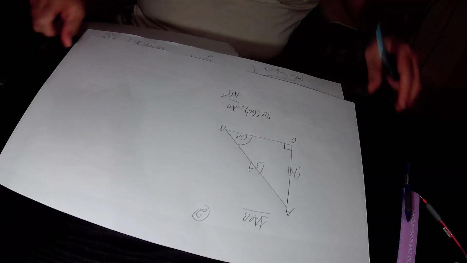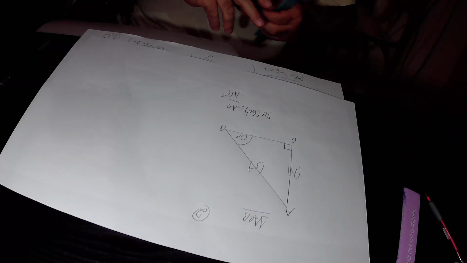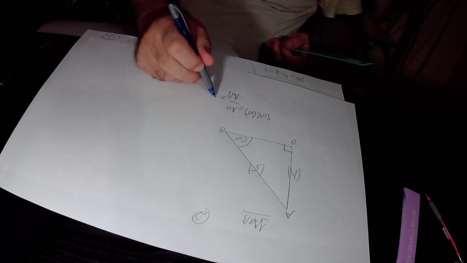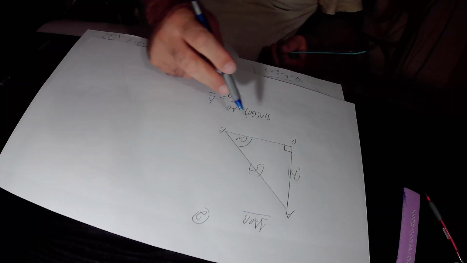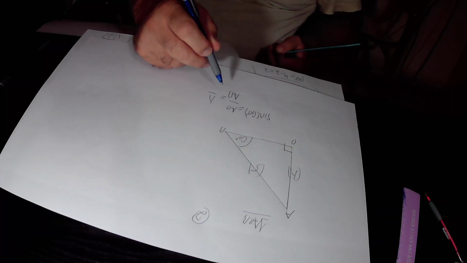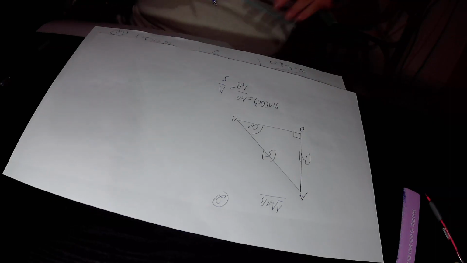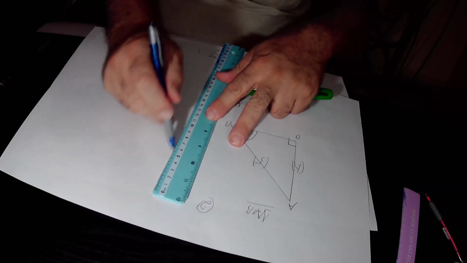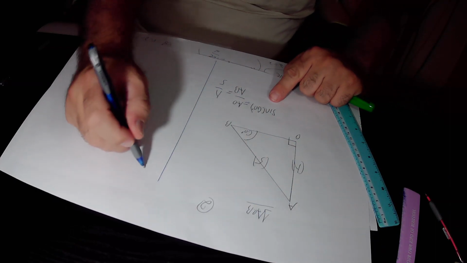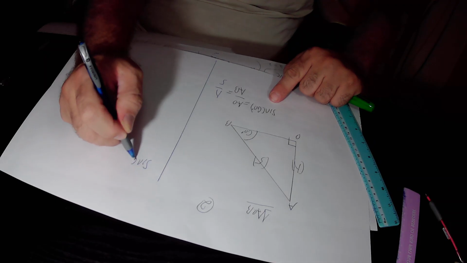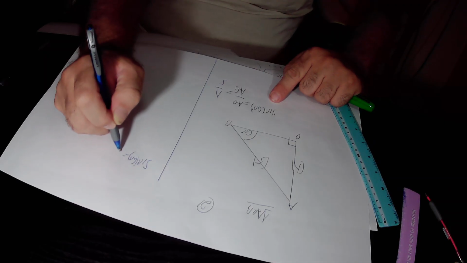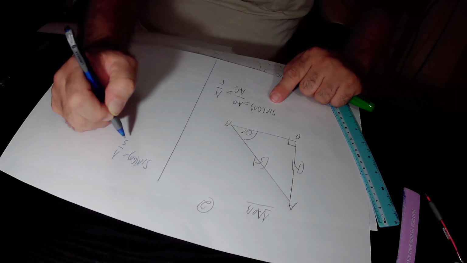AO is H over AB. AB is 5 according to what is given in the question. So in total, sine 60 degrees equals H over 5.